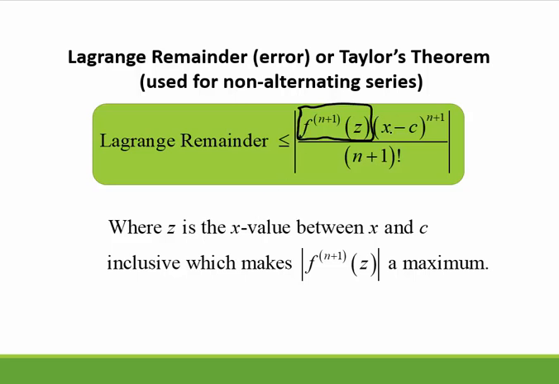And then you're going to be using C, which is typically your center. X is the X value you're probably trying to approximate at. N plus 1. So really this is using the next term. But what you have to keep in mind is this value here, this is the maximum value that the derivative could be, the next maximum value the derivative could be.